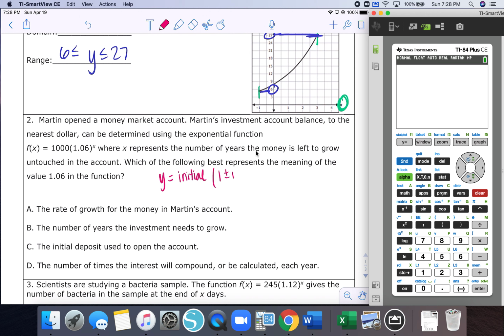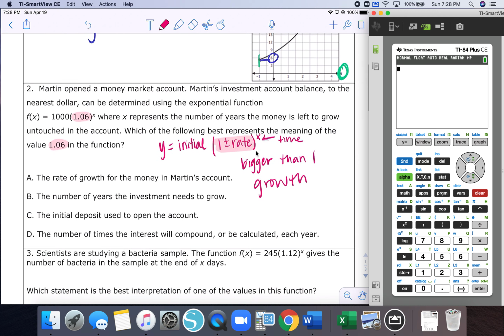Then you have 1 plus or minus your rate, and it is raised to the time. So in this question, they are asking about that number 1.06, which is going to be 1 plus our rate. So notice it is bigger than 1.